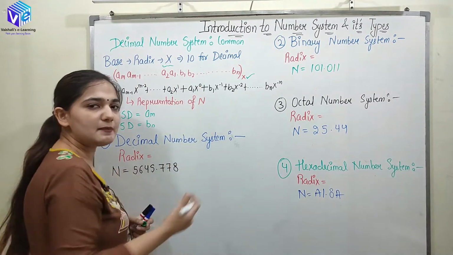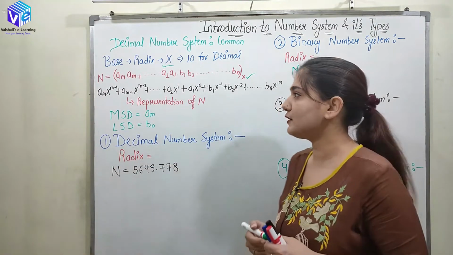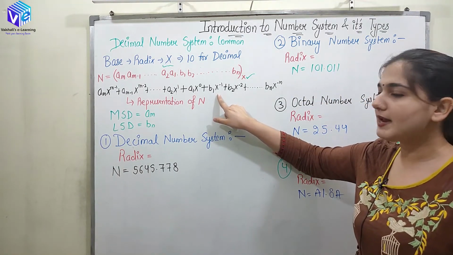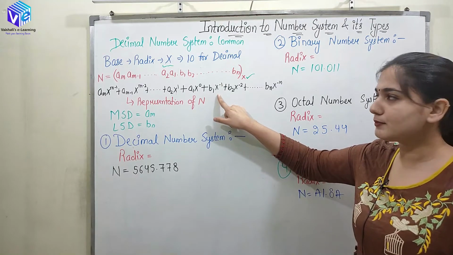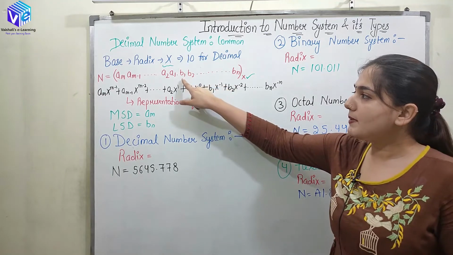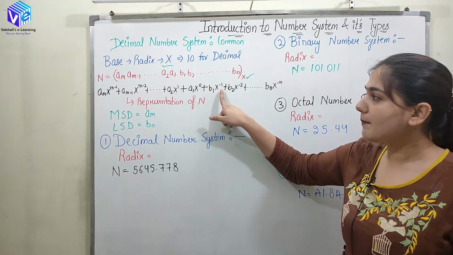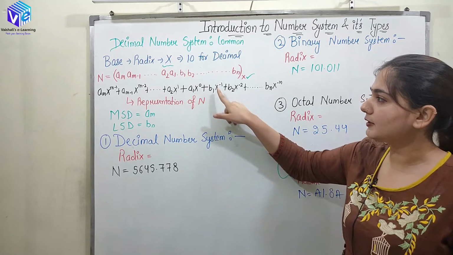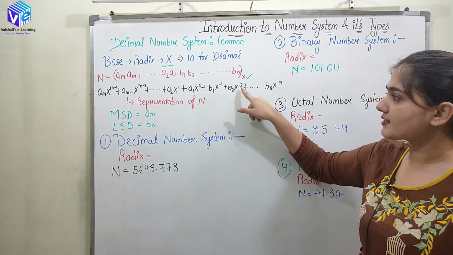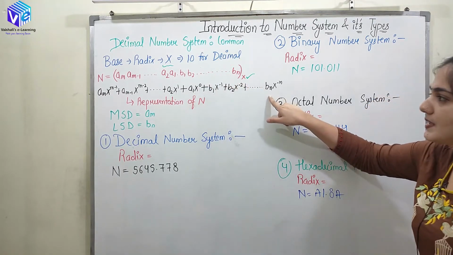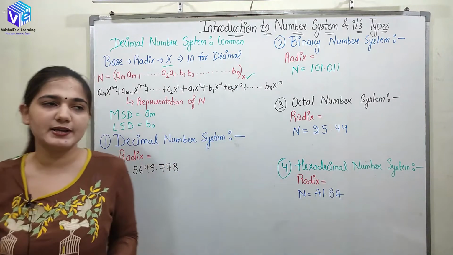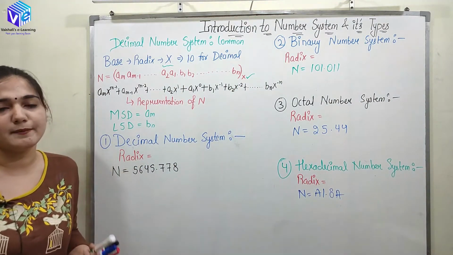Then we have b1 multiplied with x raised to power minus 1. The right hand side of the decimal point will have the powers in the minus form. So b1 with x raised to power minus 1, b2 with x raised to power minus 2, up to bn multiplied with x raised to power minus n. This is how I get the representation of any number system.